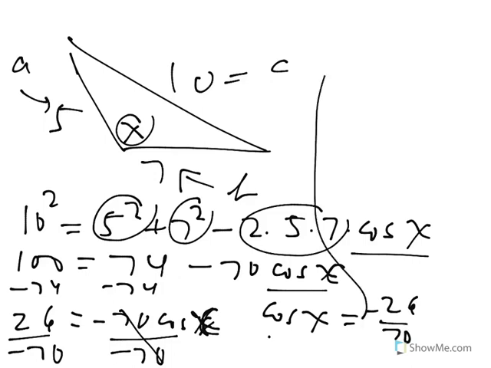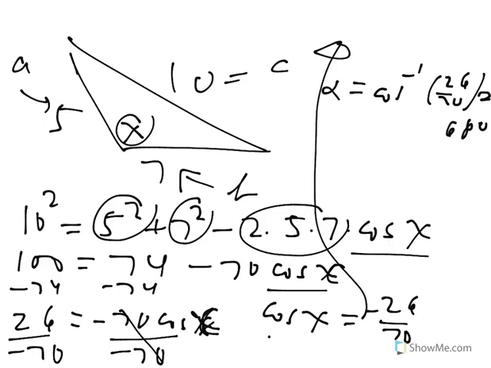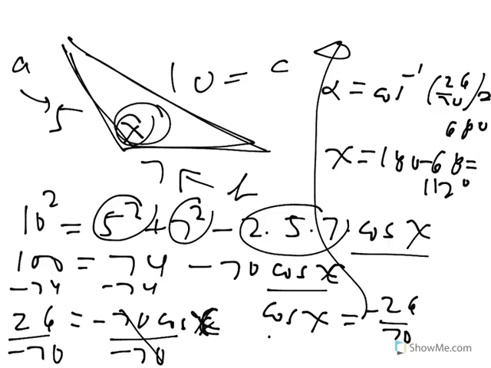You go to your calculator then, to cosine inverse of regular 26 over 70 to get about 68 degrees. But 68 degrees is not the answer. The answer is 180 minus 68, which is 112, because cosine is negative in quadrants 2 and 3, but we don't bother with quadrant 3 because we can see that it's in a triangle, so it needs to be less than 180.